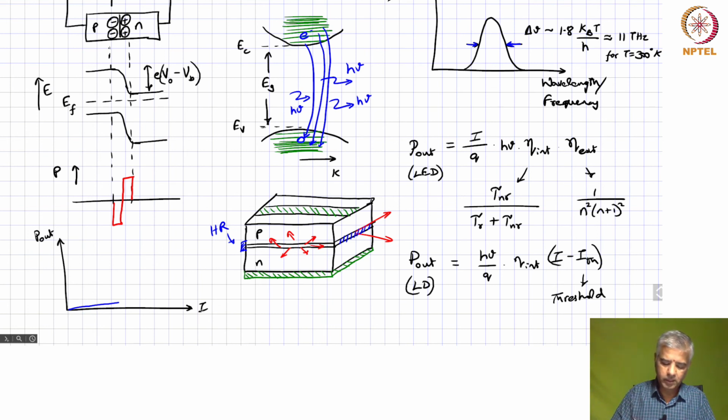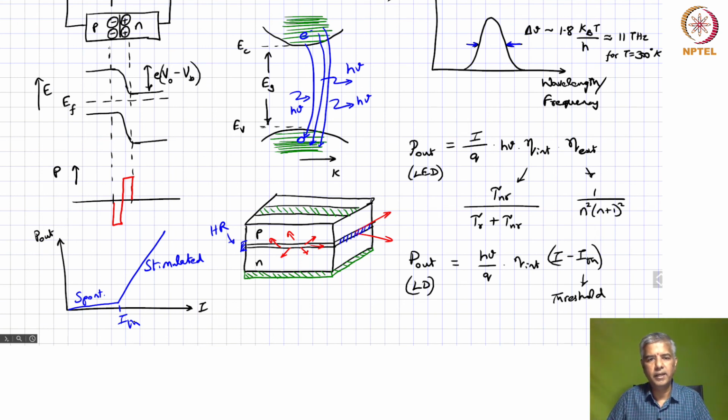So beyond a certain current level, the output goes like this. Here it's spontaneous emission, and here it's dominated by stimulated emission. So you can say that a semiconductor light source acts like an LED for current levels below the threshold current, and once it achieves threshold, beyond that, it's working as a laser diode.